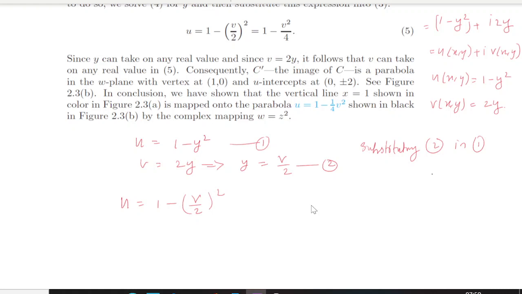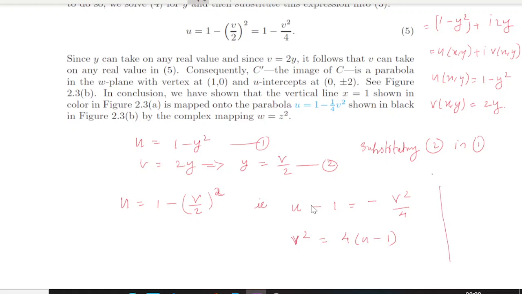So u minus 1 equals minus v square by 4. On cross multiplication, v square equals 4 into (u minus 1).